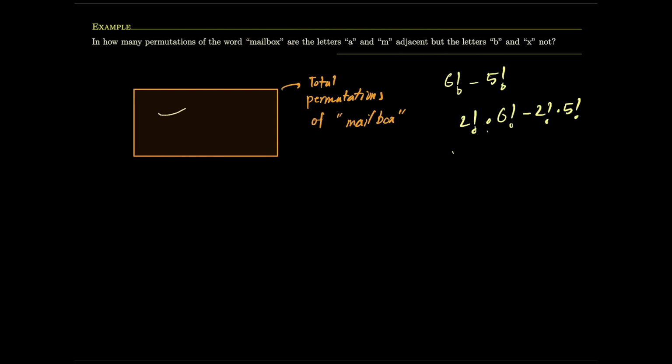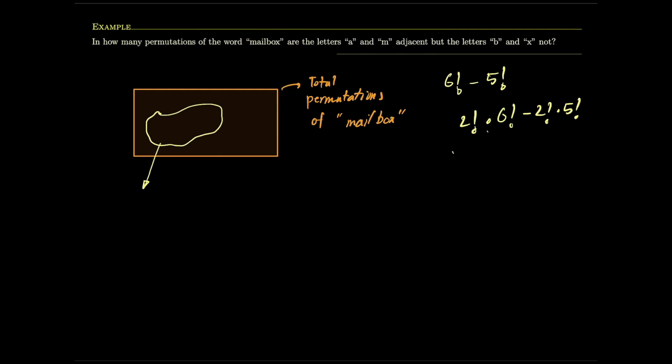So I hope that you agree with me. One part of these items, I don't know what they are. So this is the part. Here, this is what some of them have, M and A adjacent regardless of what is happening for B and X. Yes?